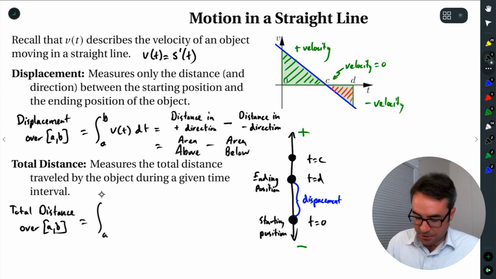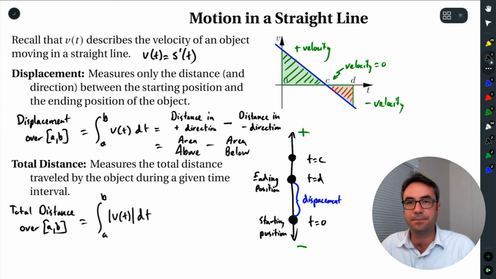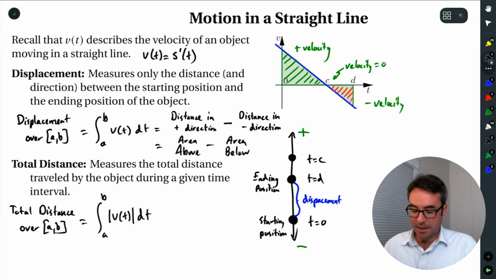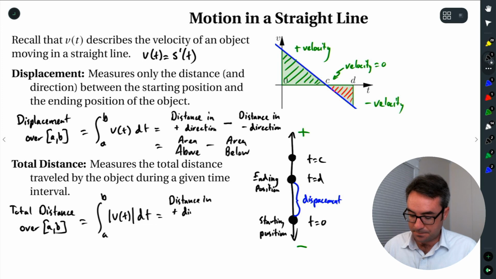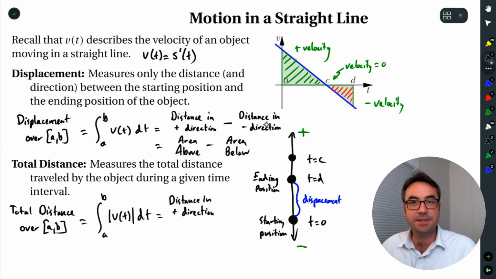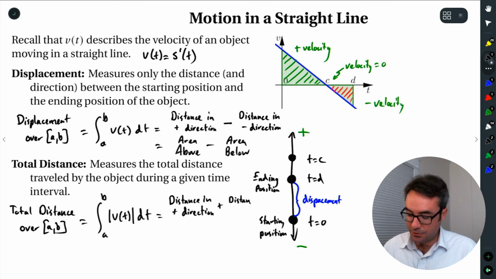And so this is going to be the integral of the absolute value of our velocity function. Thinking of this in terms of the regions under the curve, the way to calculate this definite integral is we take the distance that we travel in the positive direction, and instead of subtracting off the distance that we travel in the negative direction, we just add it in.